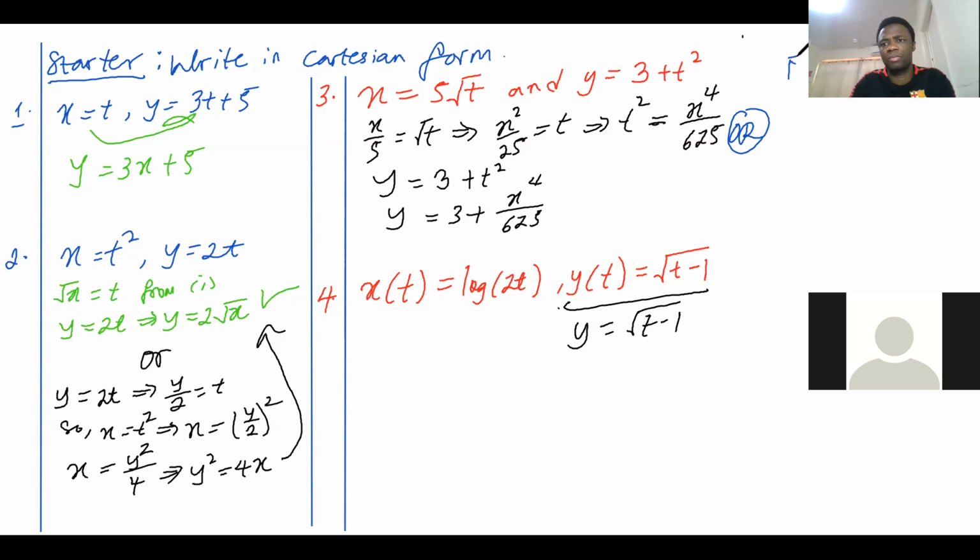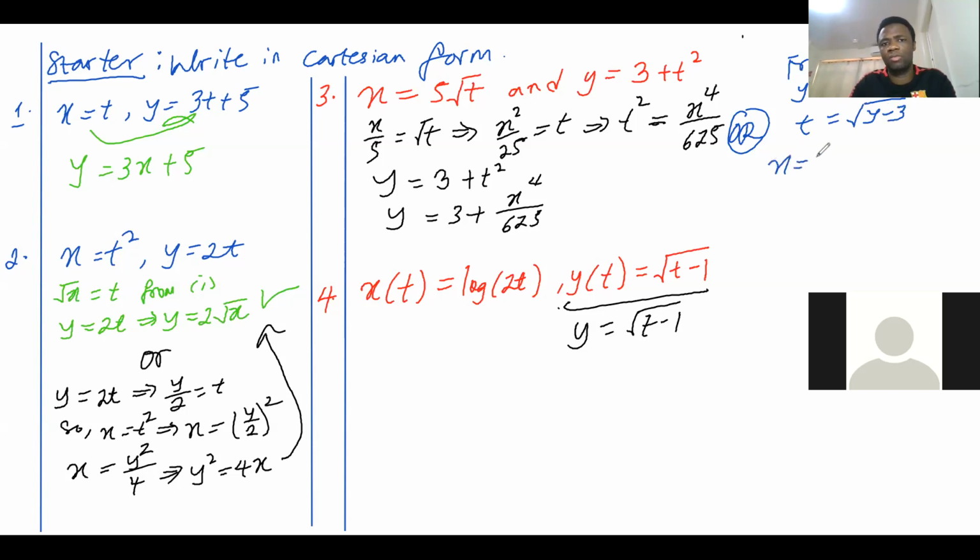So from y equals 3 plus t squared, just t, like Mr. Chen said. Yeah, whatever. So y minus 3 equals t squared. So I could say t equals the square root of y minus 3.